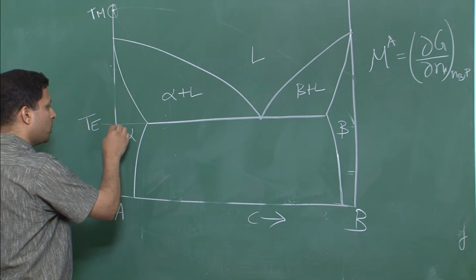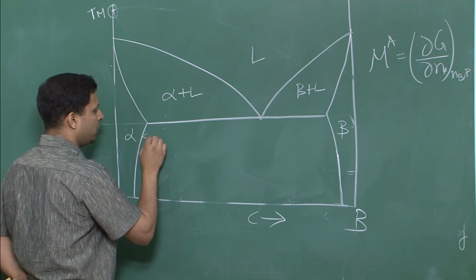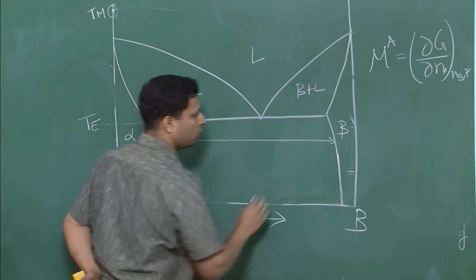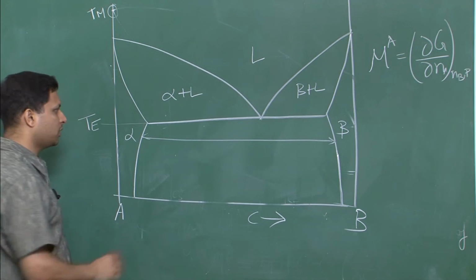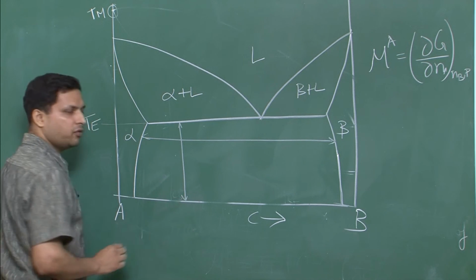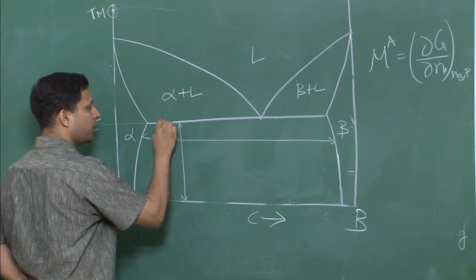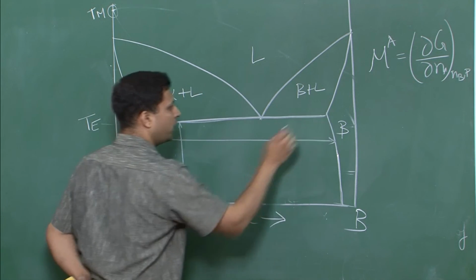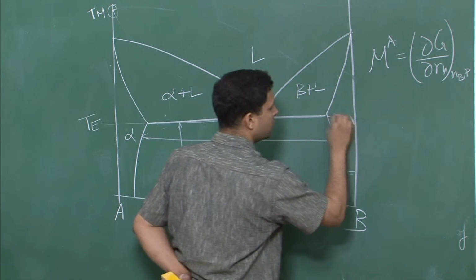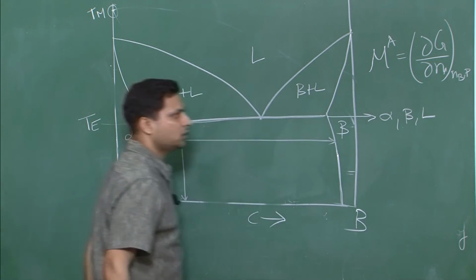Now if we are talking about temperature range and composition range, over here you can see that two different phases can coexist, and it is for a wide range of temperature as we would expect from the phase rule. But if we come to this particular temperature, which is the T eutectic, you would have three different phases existing together, which are alpha, beta and liquid.